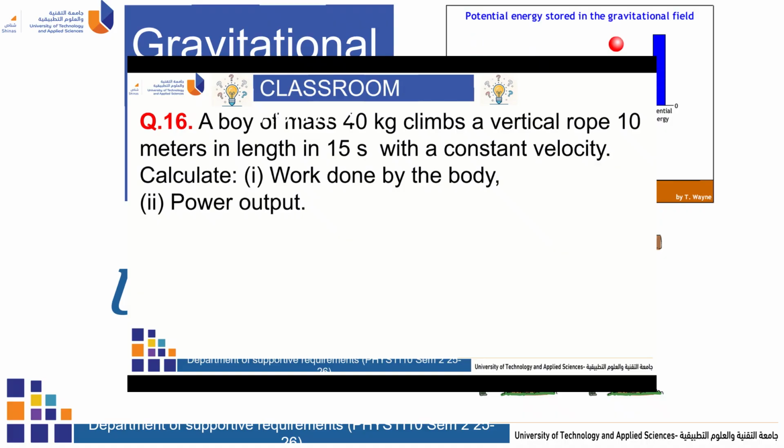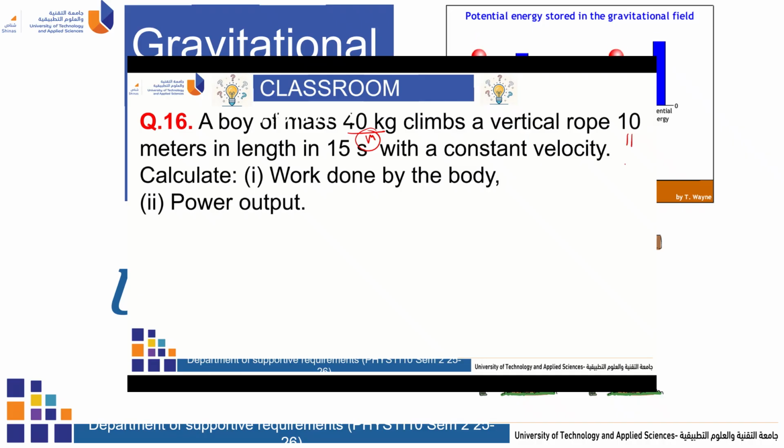Okay, so we are moving to question number 16. The question says, a boy of mass 40 kilogram climbs a vertical rope. So this is the mass of the boy, and he is climbing a vertical rope.